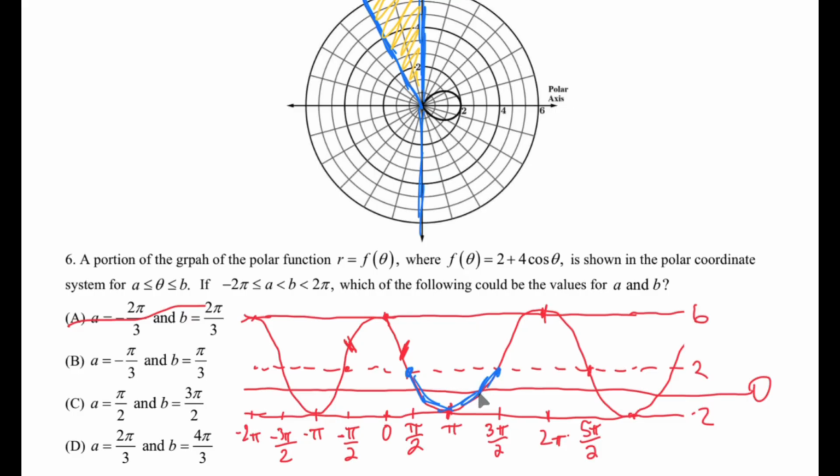This one right here. But negative 2 pi over 3 would also be, what would that be? 12, 13, 14, 15, 16. So it would be 4 pi over 3. This is 4 pi over 3 right here. So 4 pi over 3 to 3 pi over 2, sorry.